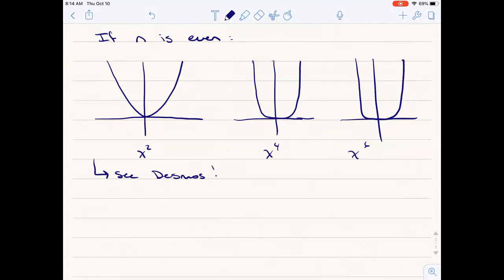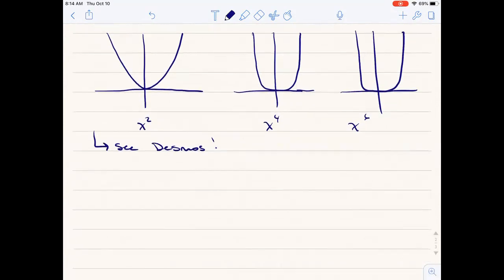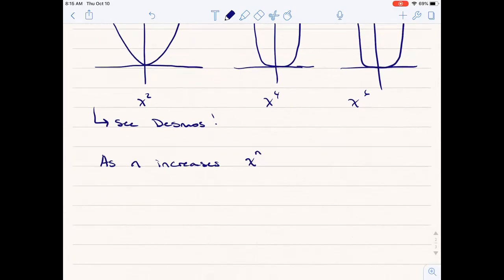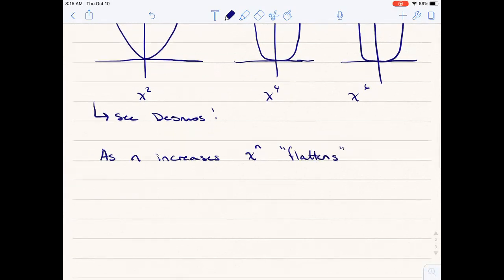But just to describe what happens, as n increases, x to the power of n flattens between x equals -1 and x equals 1.